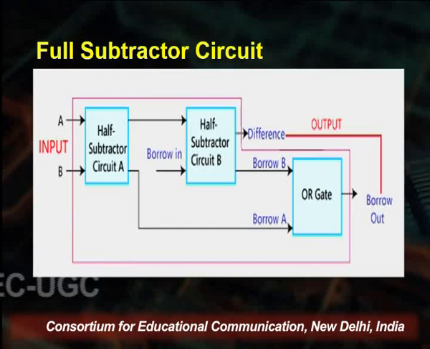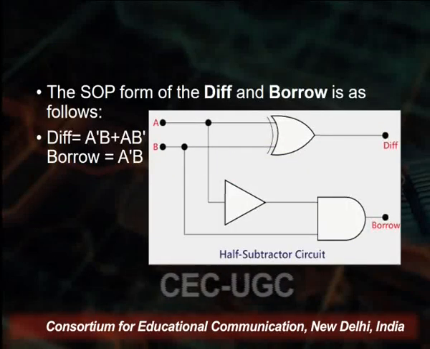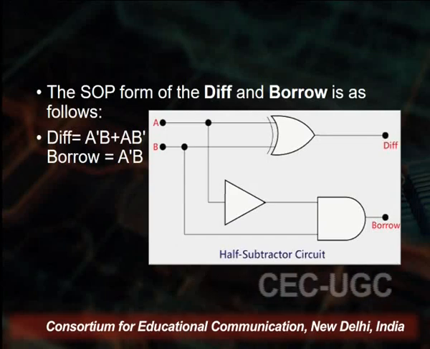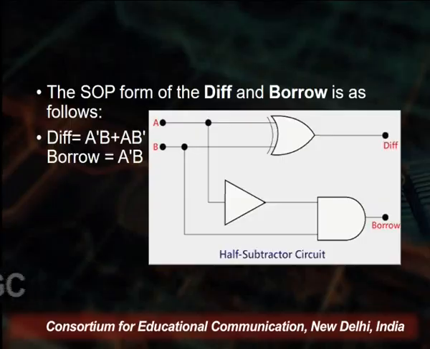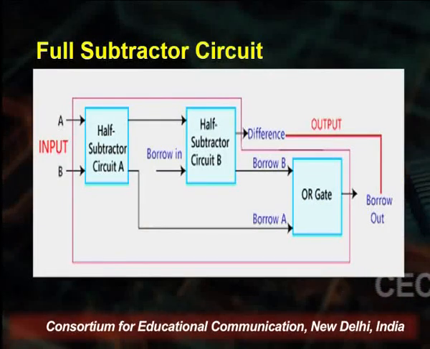So for this, let's get back to the circuit of the half subtractor, because that is where this was. This entire circuit of the half subtractor is what you need to imagine is present here as the half subtractor circuit A, because that is the input that is going as A and B. Now the output that we are getting out of it is going into the half subtractor B, and similarly is also going into your borrow from the gate, from the A circuit.